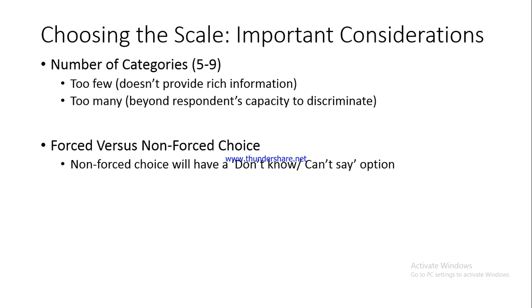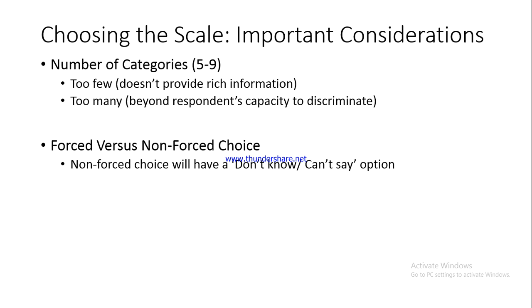He will have to pick up one of the response categories as his answer. While non-forced choice will have a don't know or can't say option. So if the respondent is not able to answer a question, or he feels that he does not have sufficient information, he can always pick the don't know or the can't say option.